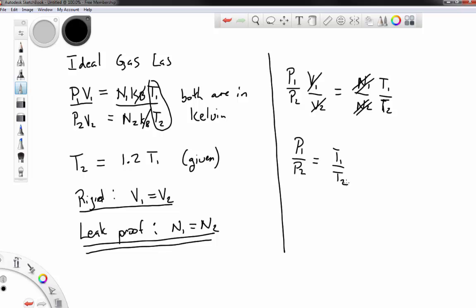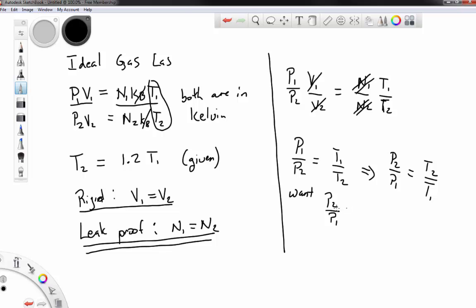And what we want to know is the ratio P2 over P1. So that's the reciprocal of this side, so we need to take a reciprocal of both sides. So P2 over P1 must be equal to T2 over T1.